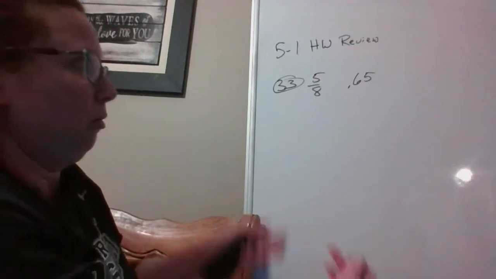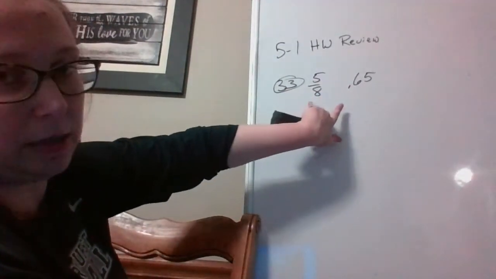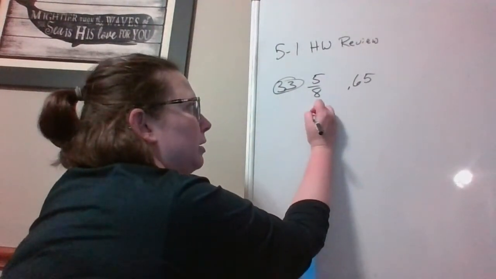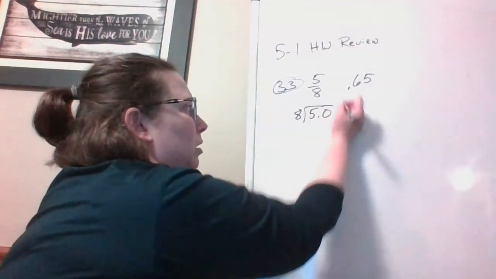So we need to either change this to a fraction and then get the same denominators, or go ahead and change this to a decimal. I'm going to change it to a decimal.